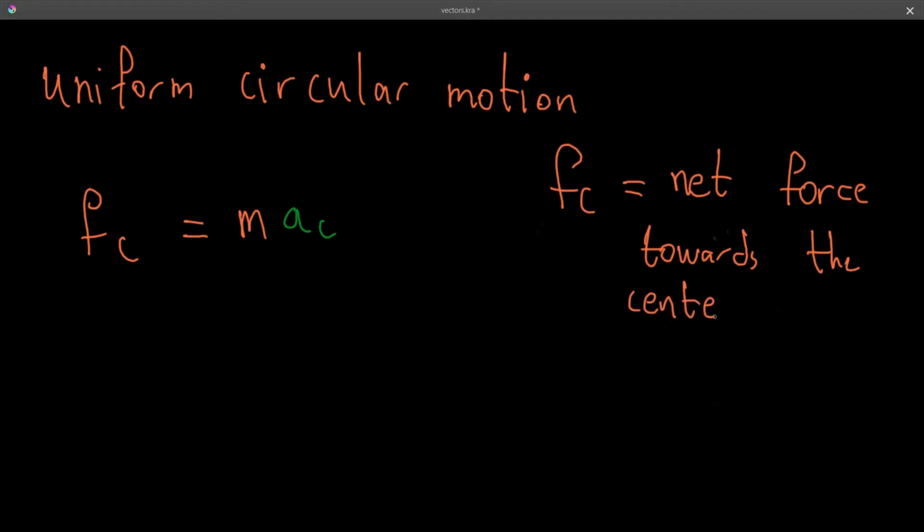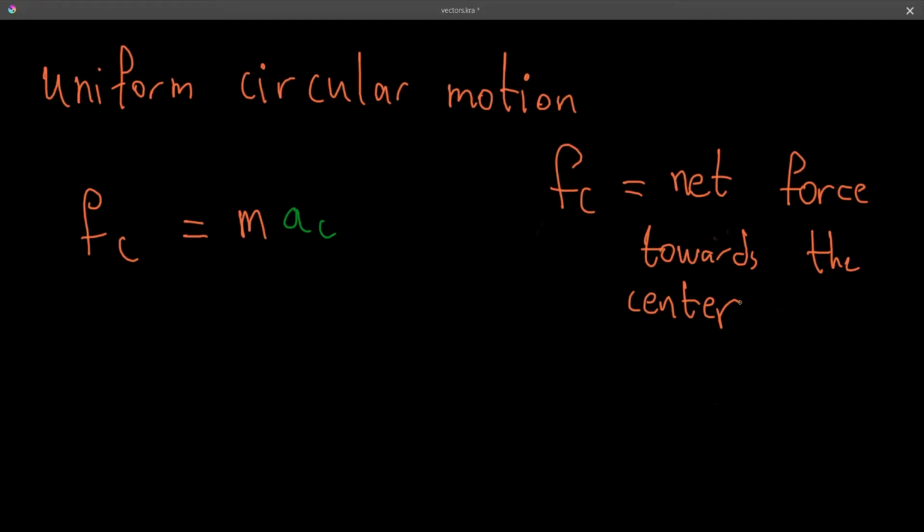F centripetal is not a real force. It's not like force of gravity. It's not tension of a spring. It's not tension of a rope. It's not electrostatic force. F centripetal is just the name that we give to the net force that pulls you towards the center.